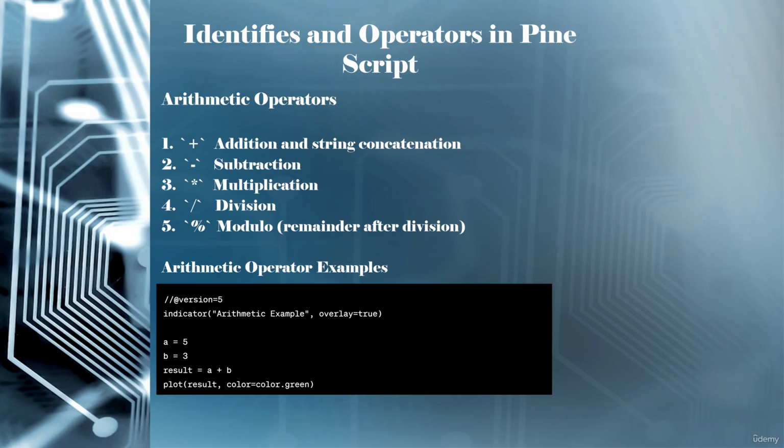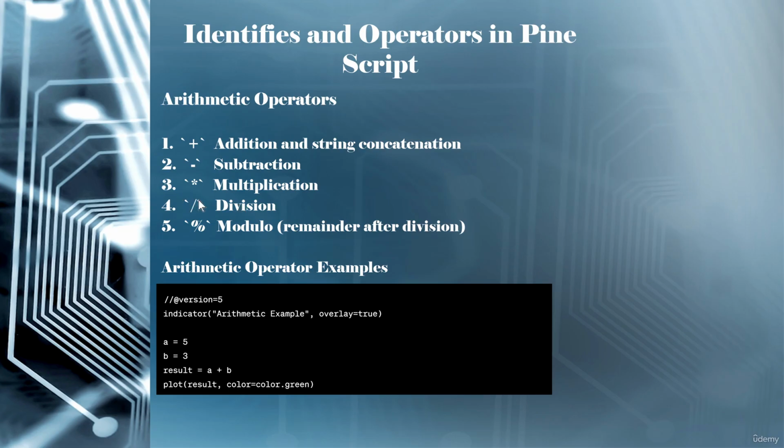Arithmetic operators are used for mathematical calculations. In PineScript, there are 5 arithmetic operators: addition and string concatenation, for which we use the plus symbol. Subtraction, we use the minus symbol. Multiplication, we use the star symbol.